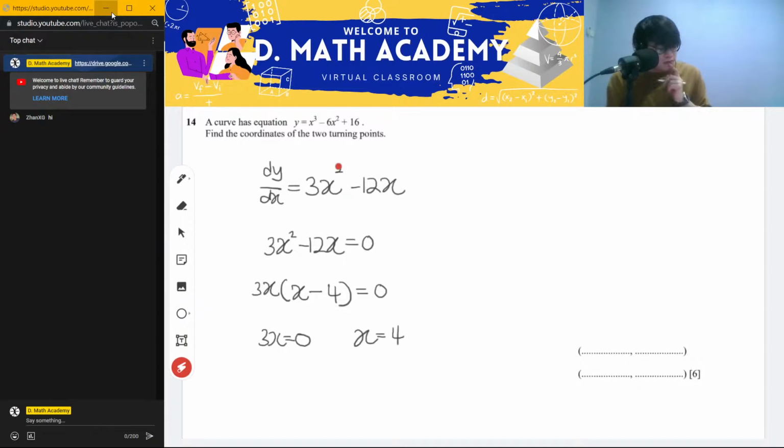Did I do anything wrongly? Let me double check. 3x squared, 12. Okay, let me try to key in my calculator. 3 and negative 12. Okay, I get 4 and I get 0.